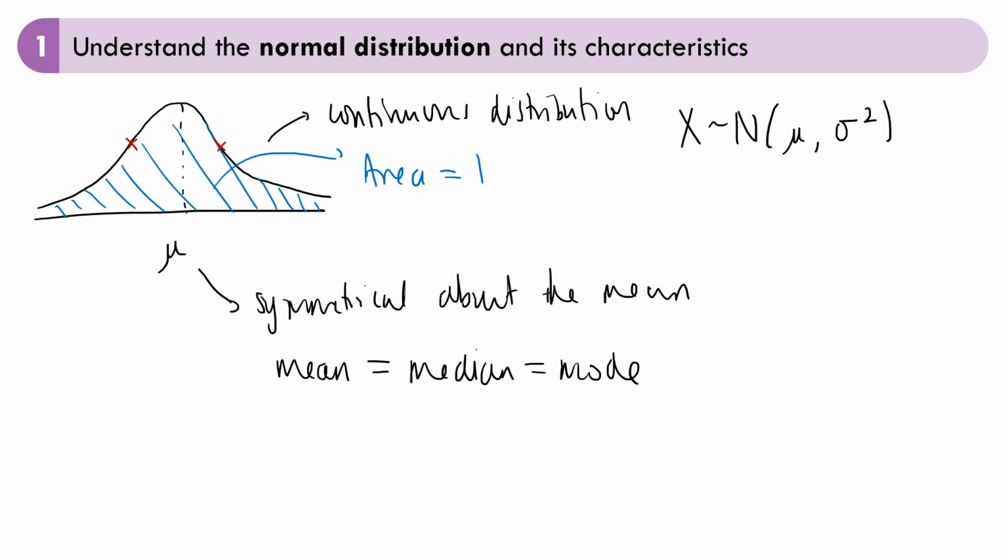So where the graph turns from being convex, so the gradient is increasing, to concave, where the gradient is decreasing. And the same for the opposite side, where the graph is concave, and it then turns to convex. And these points of inflection are at mu minus sigma and mu plus sigma.